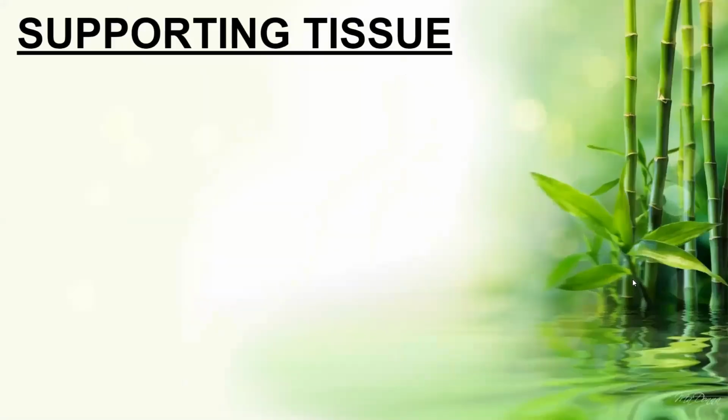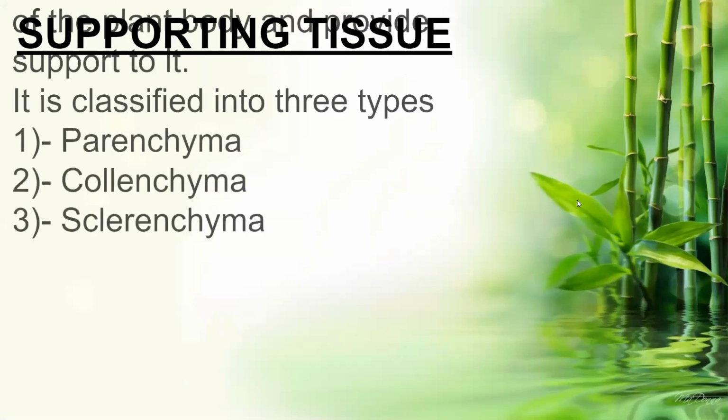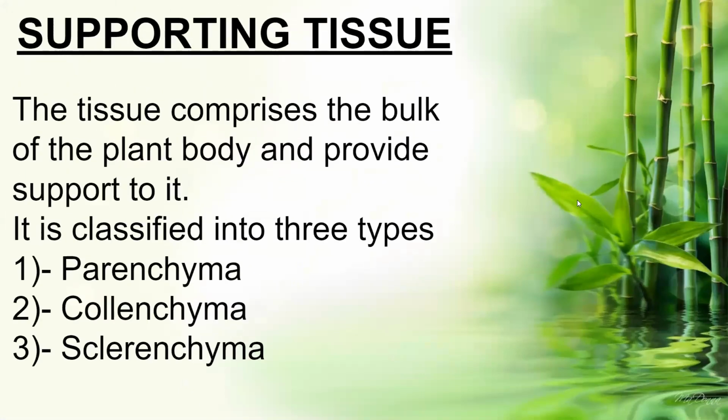Now we will talk about supporting tissues. The tissue that comprises the bulk of the plant body and provides support to it is called supporting tissue. Supporting tissue is classified into three types, that are parenchyma, collenchyma, sclerenchyma.